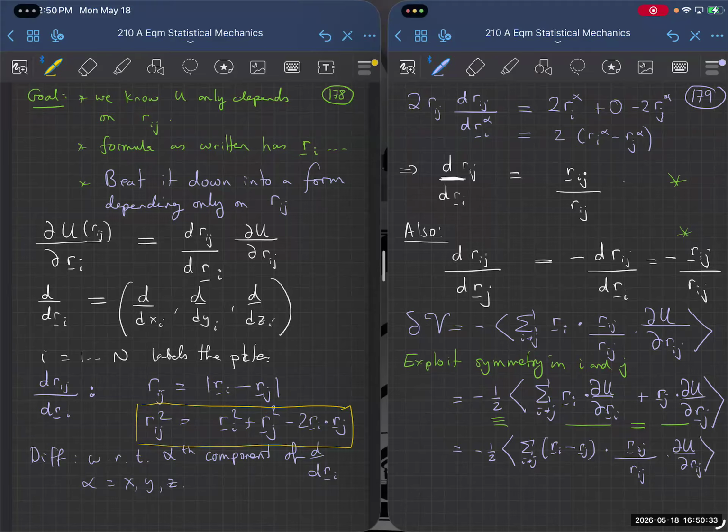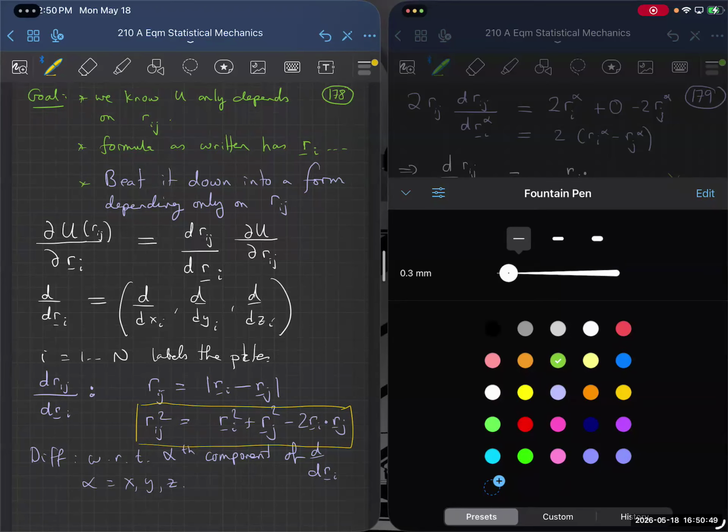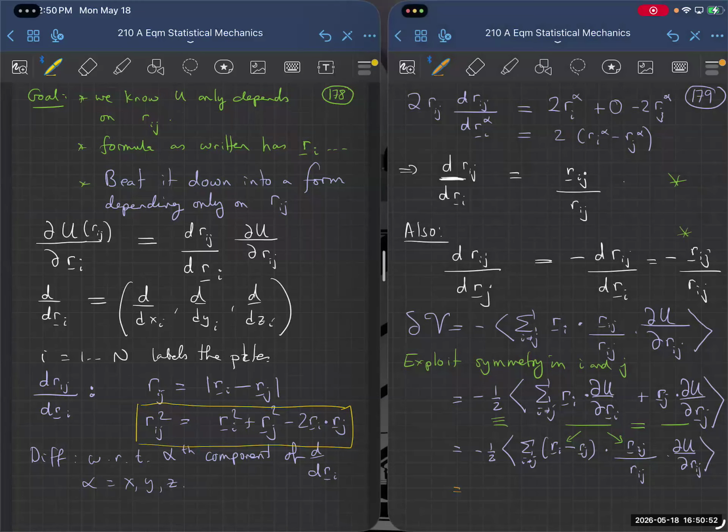Okay, now we're nearly there, because there's two vectors up here. This is a vector, this one is a vector, and they're the same thing. So this whole thing is equal to minus 1/2 the expectation value of the sum over i not equal to j of Rij squared, the scalar quantity squared, over the scalar quantity Rij, times dU/dRij.